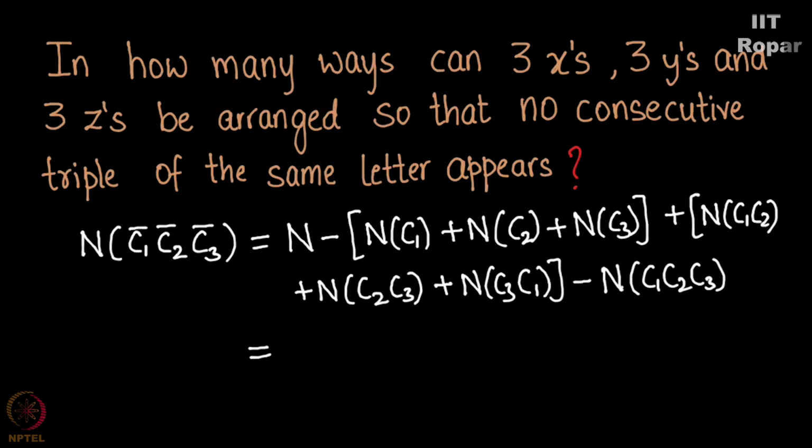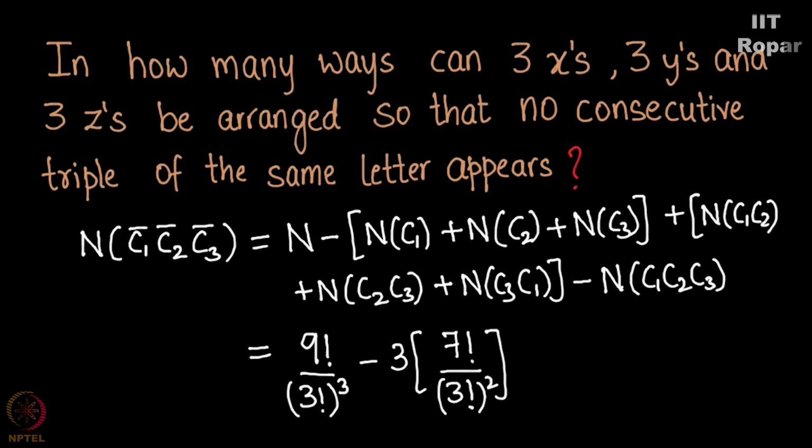So the answer goes like this: n of C1 bar, C2 bar, C3 bar happens to be 9 factorial by 3 factorial whole cube, minus 3 times 7 factorial by 3 factorial whole square, plus 3 times 5 factorial by 3 factorial, minus 3 factorial. Again, you need not expand it and can leave this as the final answer.